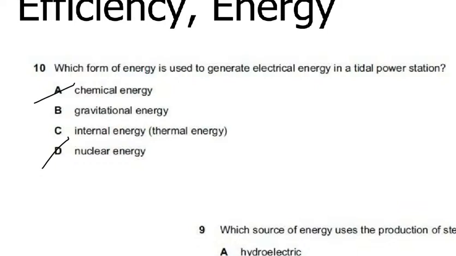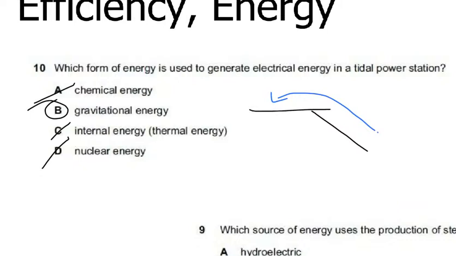And it's not internal energy, which is basically when something warms up inside. It's basically raising the temperature of an object, usually by friction or air resistance or something like that. So it's not that. It's gravitational energy. Basically waves splash up over a barrier, and then they go down into a reservoir.